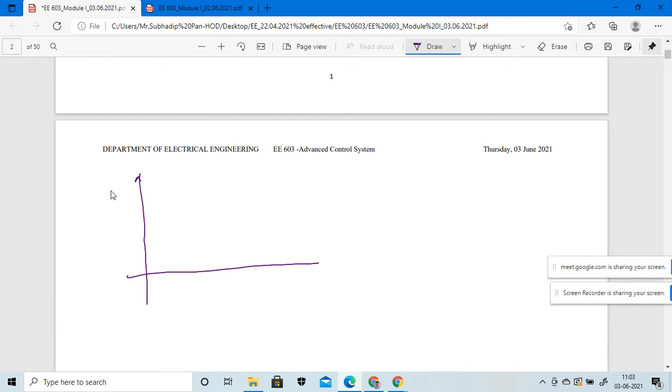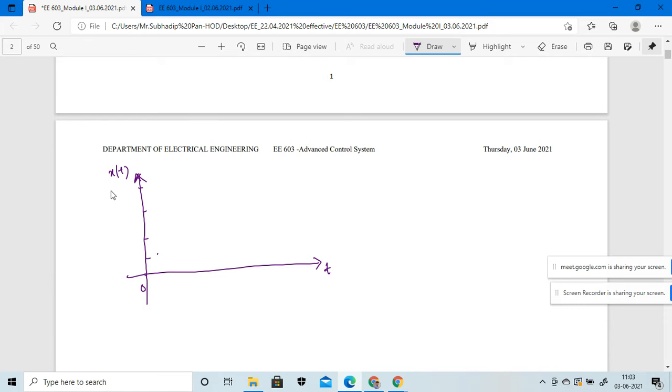If I have values of x(t), and here we put the time interval t, and that should be 0. Suppose we have different values.